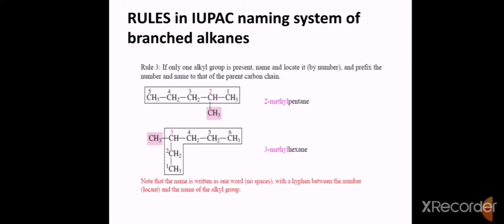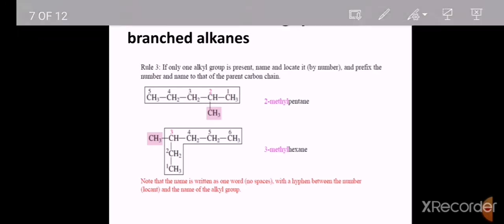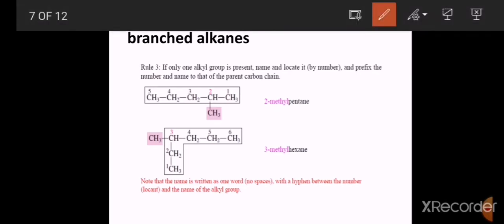Rule number 3. If only one alkyl group is present, you have to name it and locate it. So, paano ito? Kanina, pinili natin na pentane ang ating parent chain. At ni-number natin to from right to left, such that the first encountered substituent would be at carbon number 2. So, paano natin to papangalanan?